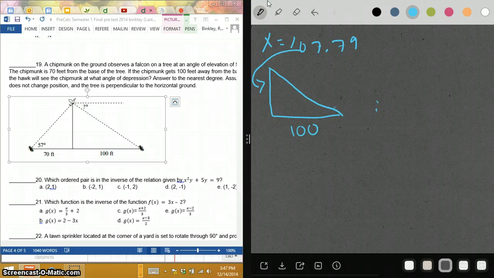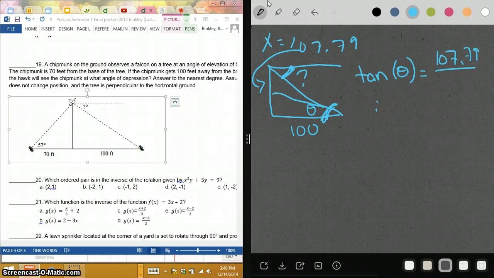The reason I want to find this angle is because it is the same, if you remember from your geometry rules about parallel lines, as this angle, which has the actual question mark. So I'm still going to use tangent because I still have the opposite and the adjacent. The tangent, but the problem is I don't know the angle, so I'm going to use theta. The tangent of theta is equal to 107.79 over 100.